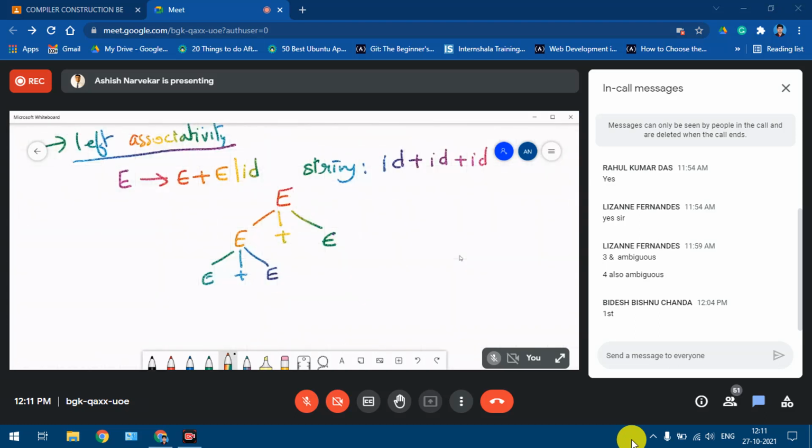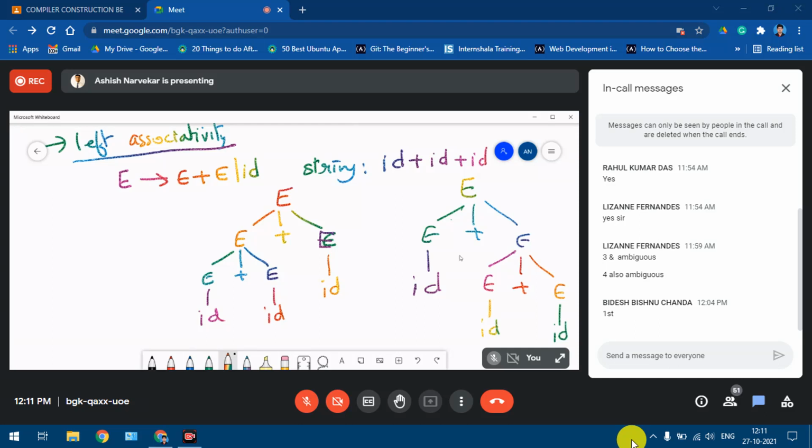This is E. Then I can get id, id, and then id. First, let's check whether the grammar is ambiguous or not. Let's try another way. If I again take E plus E and replace this by id, then go this side, E plus E, this is id, and this is id. If you check the yield of these two parse trees, we get id plus id plus id, and here also we get id plus id plus id.